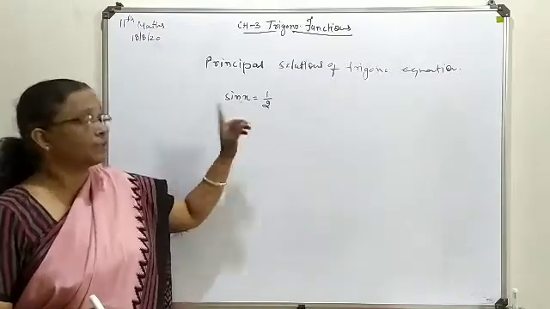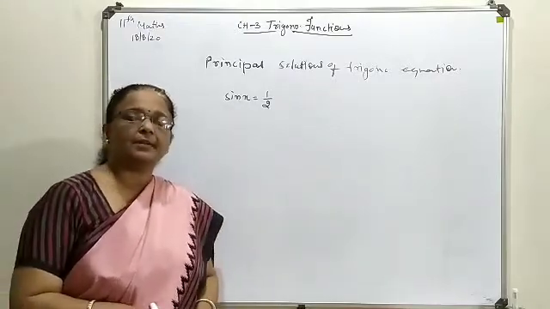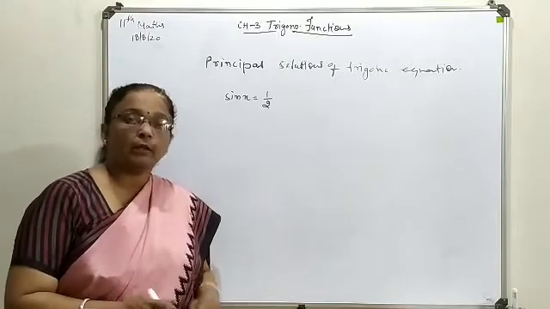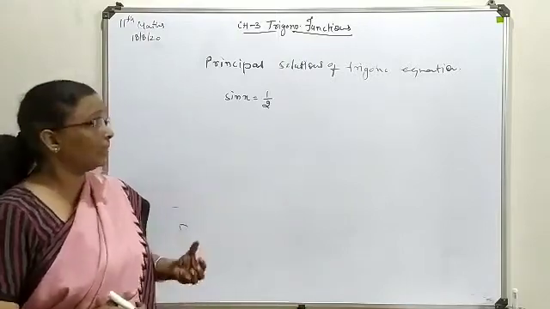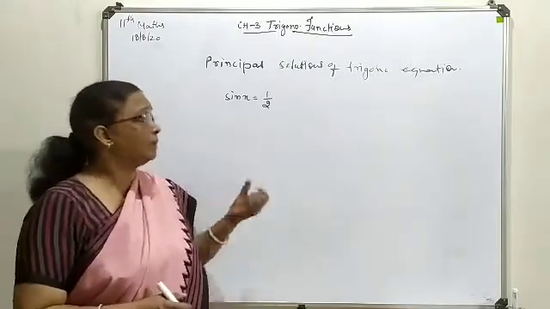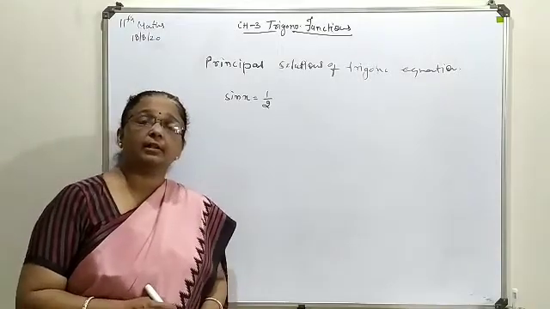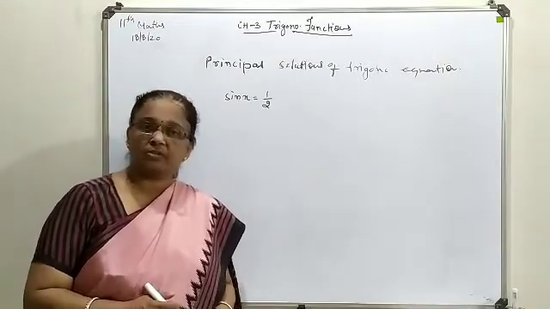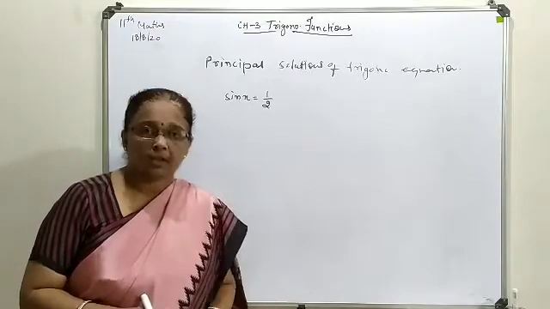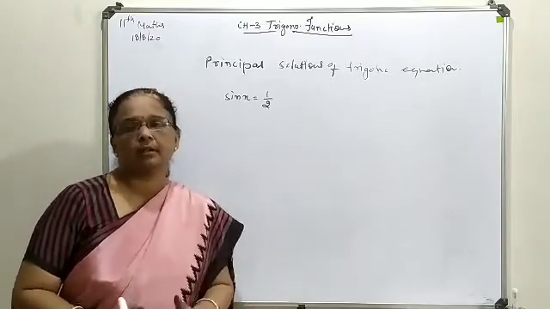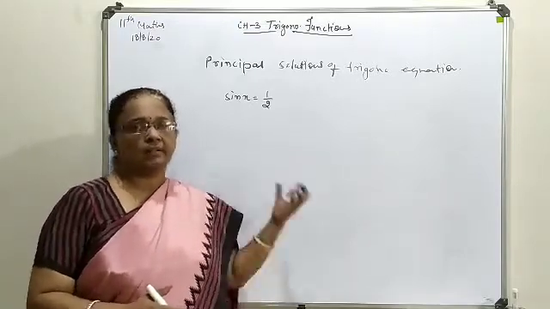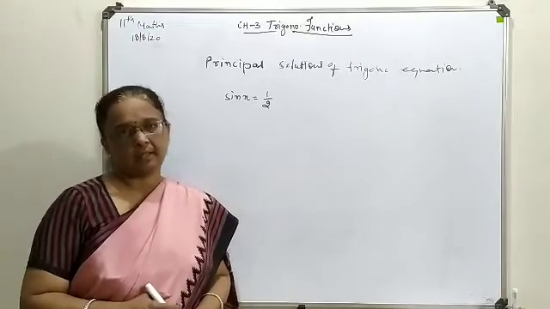Now first, in the first quadrant you will have this sine with the plus sign. Now think about the next possibility in which the sign will turn out positive. It is possible only in your second quadrant. So you can say in the first quadrant and second quadrant sine will carry a positive sign.